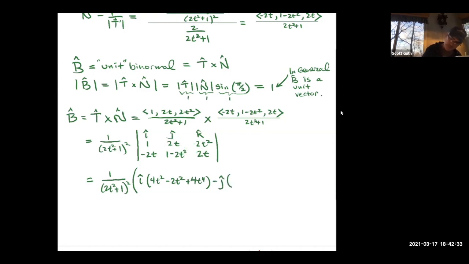Okay. So now we go on the extremes. So that looks like 2t minus negative 4t to the third. Oops. So that's plus 4t to the third, plus k hat.